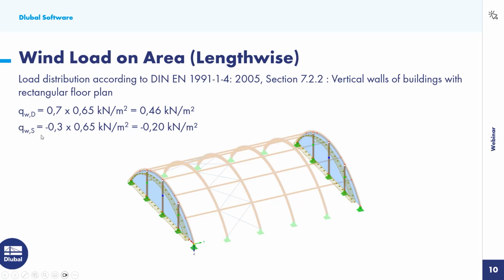And the next, which is also the second area, I named S, where we will have 0.3 as a CP value, where here would be the wind draft on the area. To continue with this wind load, I will go again to our program.